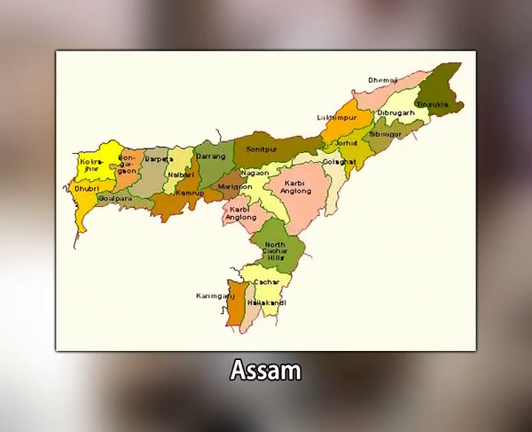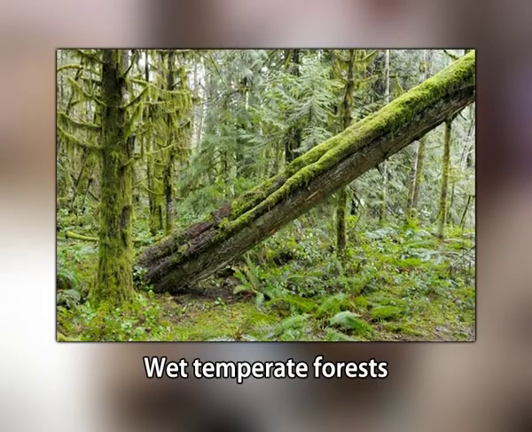Assam. The region covers most of the parts of Assam. The climate is characterized by very high temperature and rainfall. The vegetation consists of tropical evergreen and wet temperate forests in the lower plains, while hilly tracts up to 1700 meter altitude have subtropical pine forests.